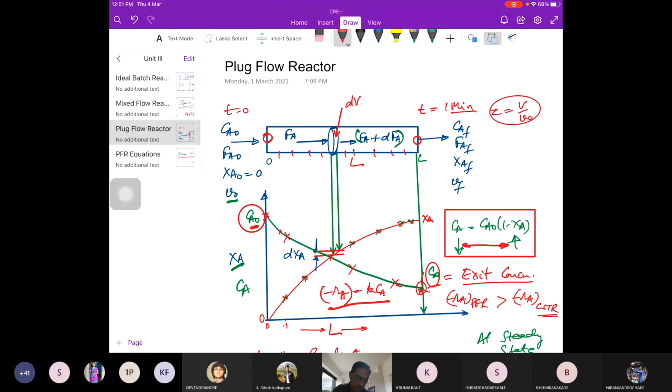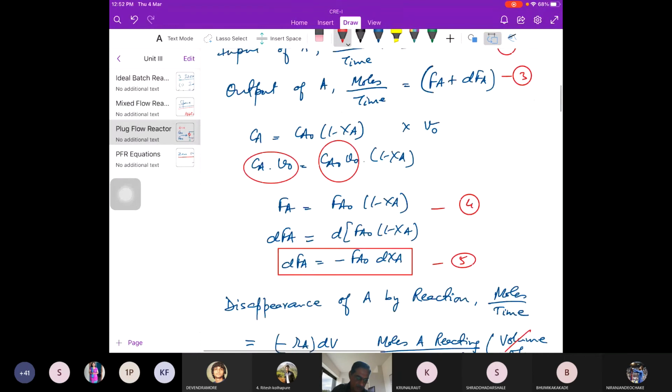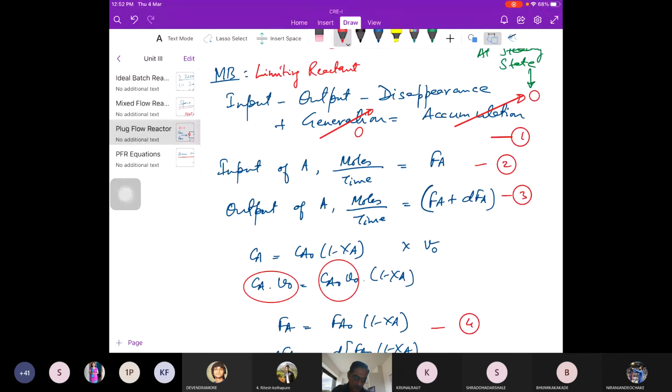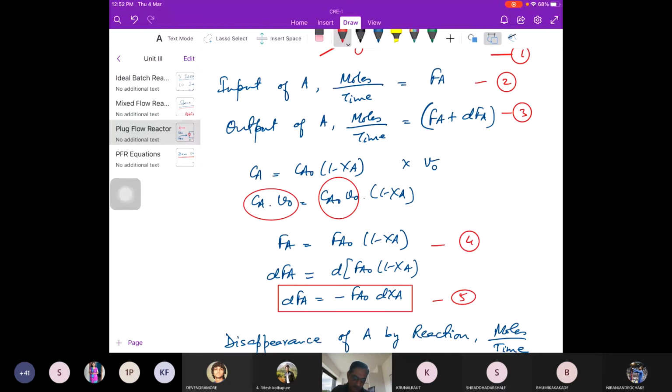तो यहाँ पर feed है FA and output is FA plus dFA. Right? So input is FA and output is FA plus dFA. dFA is negative in this case because we are looking at reactant. So if we take CA equal to CA naught into 1 minus XA and multiply by V naught, we get FA equal to FA naught into 1 minus XA.